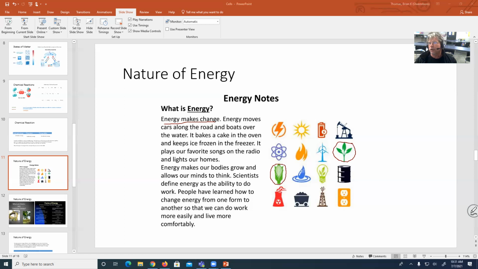This looks like an oil well pumping oil out of the ground, so sometimes we refer to those as fossil fuels, oil. This looks like atomic energy. This looks like a fire, so I would refer to that as heat energy. We have wind. That looks like a windmill, so that would be wind power or wind energy.